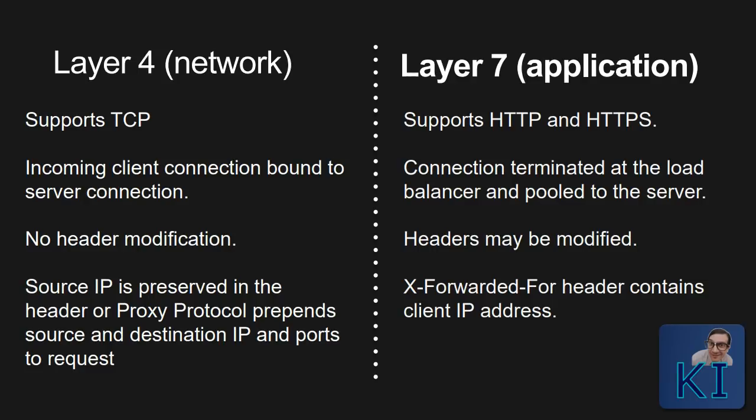On the layer 7 side, you can serve traffic which is of HTTP and HTTPS type only, and you cannot specify other TCP ports. But in the case of a network load balancer, you can specify any TCP port.